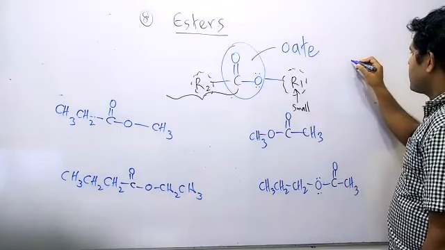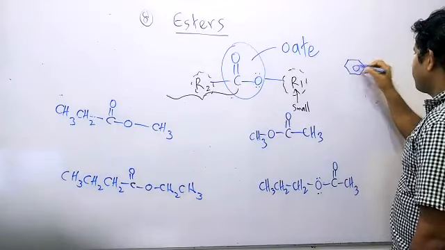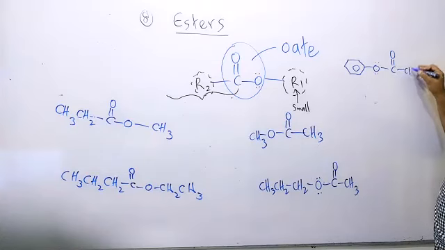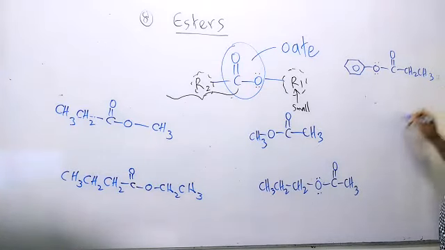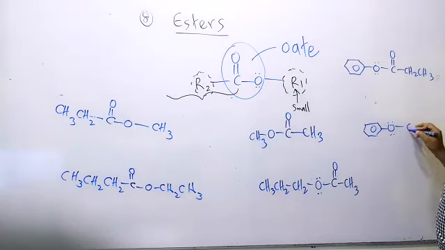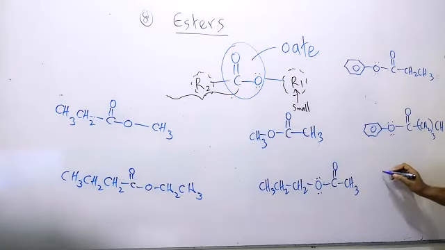And then benzene, O, connected to CO, CH2, CH3. And benzene O connected to CO, CH2 three times, CH3. And finally, CH3, CH2, O, CO, and benzene.